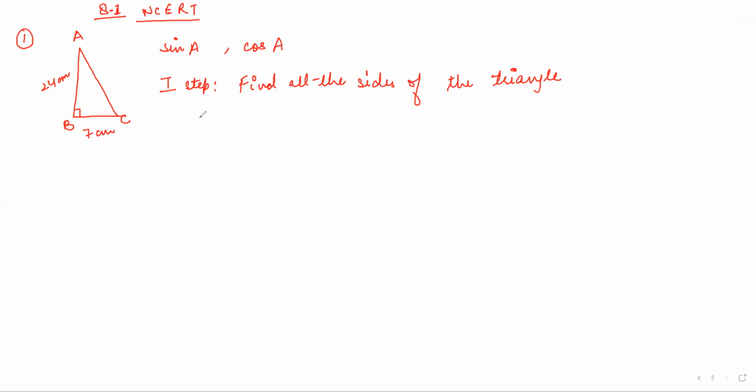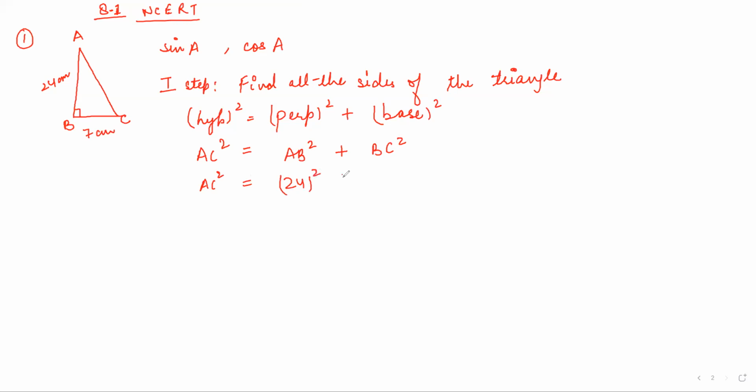Pythagoras theorem says that hypotenuse square is equal to perpendicular square plus base square. So my AC square is equal to AB square plus BC square. AC square is 24 squared plus 7 squared.